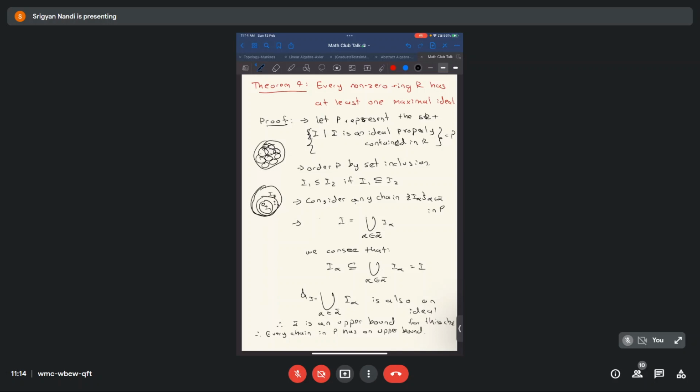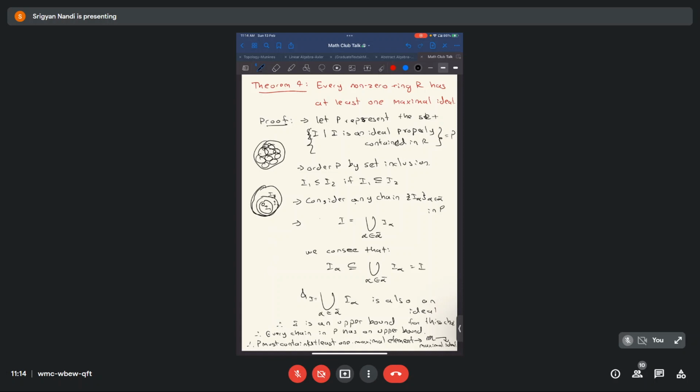And therefore, P must contain at least one maximal element, and that is some M, and this will be a maximal ideal.